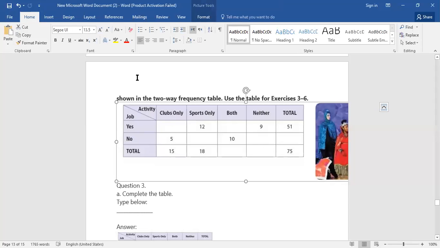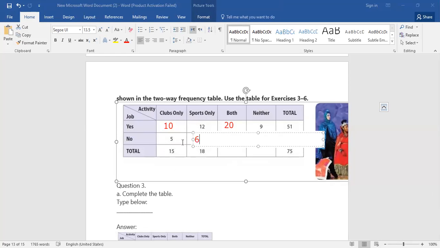For the first one here, it will be 10, right? And after that, here 51 minus 9 plus 12 plus 10, it will be this one. Which number am I going to write here? 20. Okay, and this is 18 and this is 12. So which number am I going to write here? 6.